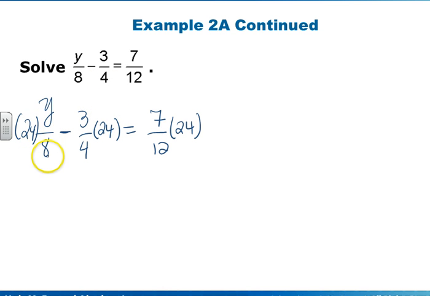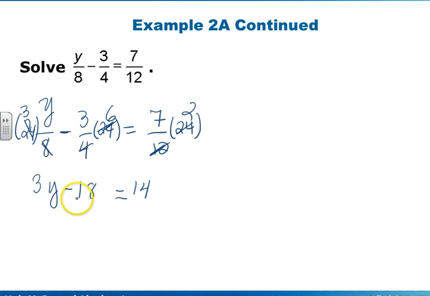We all know 24 divided by 8 is 3, so this will simplify. Over here, 24 divided by 4 is 6, and 24 and 12 simplify to 2. So this becomes 3 times y, which is 3y, minus 3 times 6, which is 18, equal to 7 times 2, which is 14.